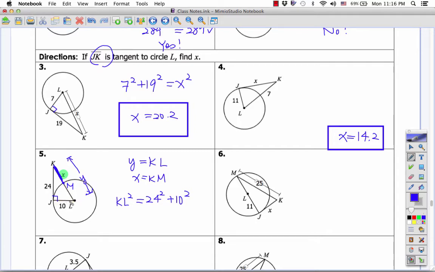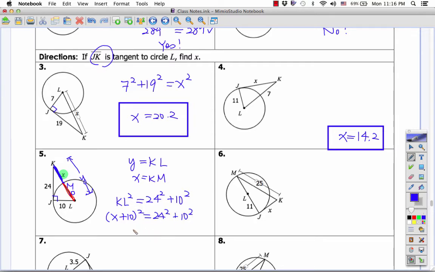If JL is 10, JL is a radius, LM is a radius as well. So here, the red part, LM is 10. So I can just substitute: KL is x plus 10, so x plus 10 squared equals 24 squared plus 10 squared.